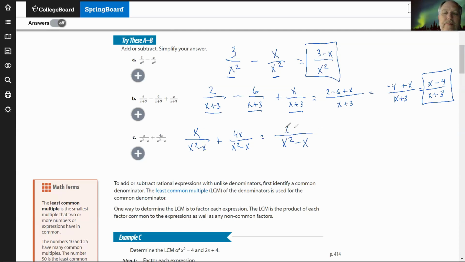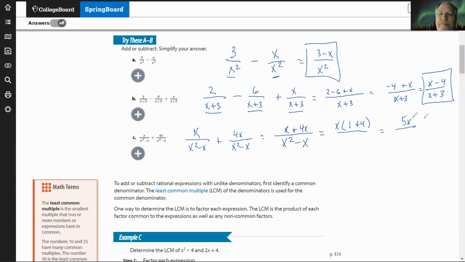That is x plus 4x, and then we try to simplify. We do the top first. The greatest common factor on the top is x, and when we pull that out, we have x divided by x, which is 1, and then 4x divided by x, which is 4. Of course that will continue to simplify a little more to be 5 times x.